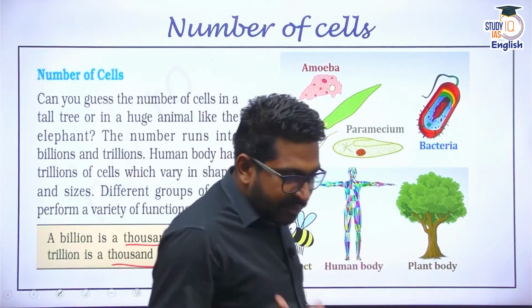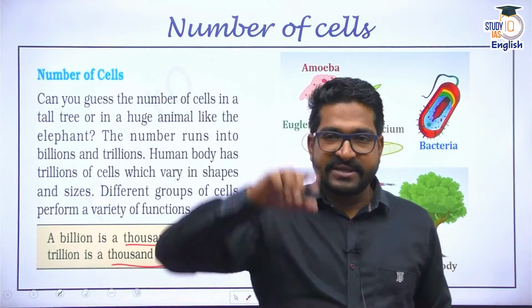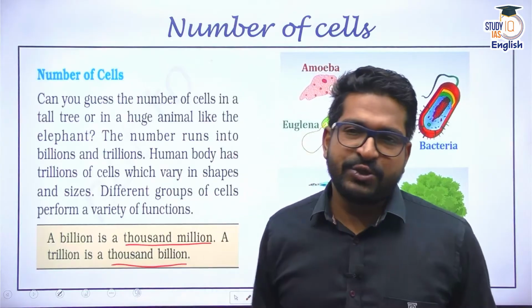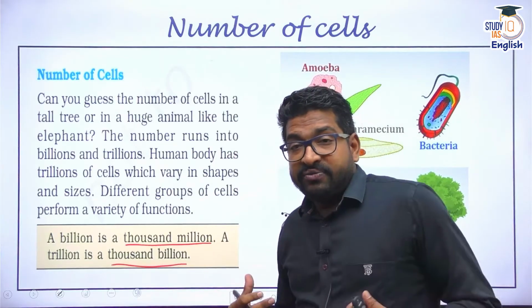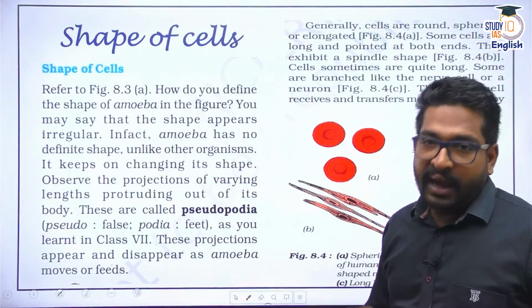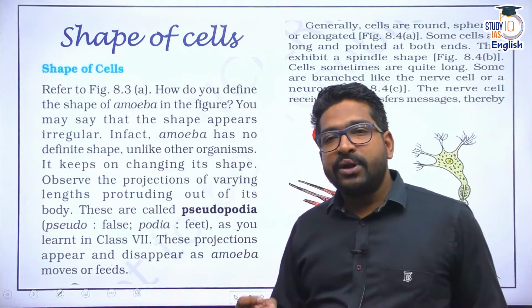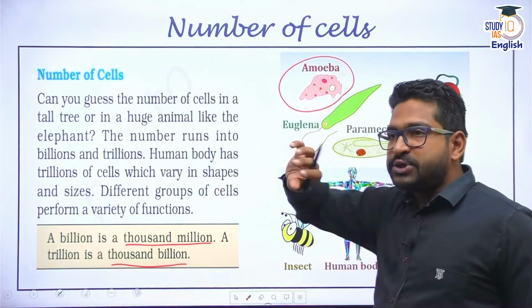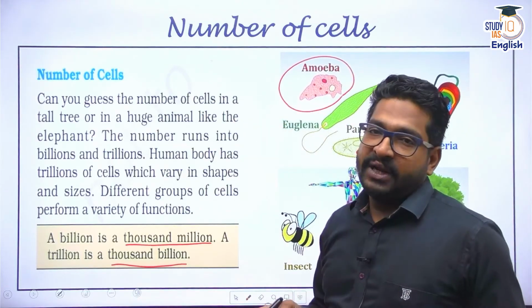So in terms of number of cells, unicellular organisms have one cell, multicellular organisms have many cells, for example us. In our body, we have different kinds and shapes of cells as well. I told you there is a unicellular organism called amoeba. Now, amoeba has no definite shape.